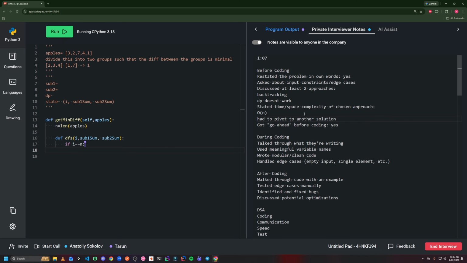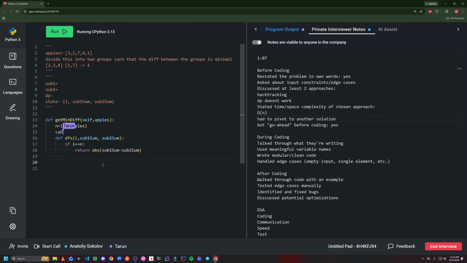So if I is at the index, I'm going to return the absolute value of subarray 1 sum and subarray 2 sum.